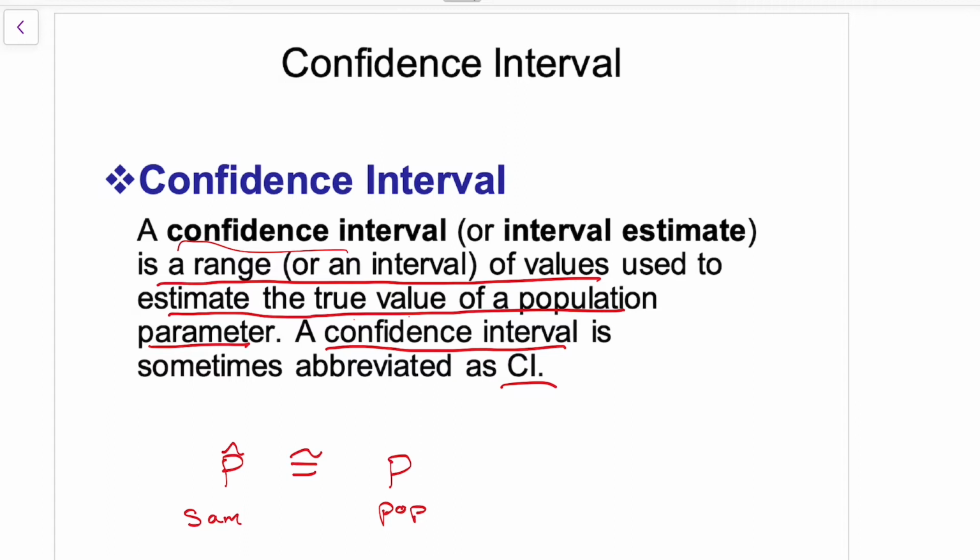Although these are not quite equal, what we need to do is construct a range of values, a lower bound A and an upper bound B, that somewhere in here we're going to say with some level of confidence the true population proportion should fit into. Finding this lower and upper bound is what the whole method of confidence intervals is all about. And determining them is going to be contingent on the level of confidence we want to have.